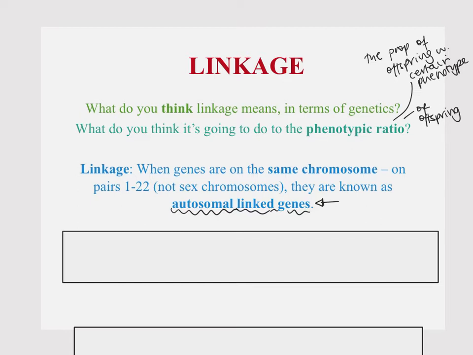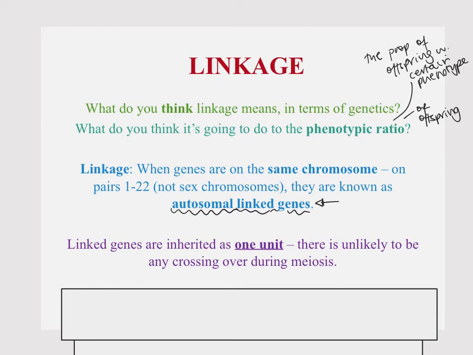Now, if I've got genes on the same chromosome, they're likely to be inherited as one unit. If you imagine it a bit like if you've got a boyfriend or a girlfriend, you're sort of linked together, you're going everywhere as a group.